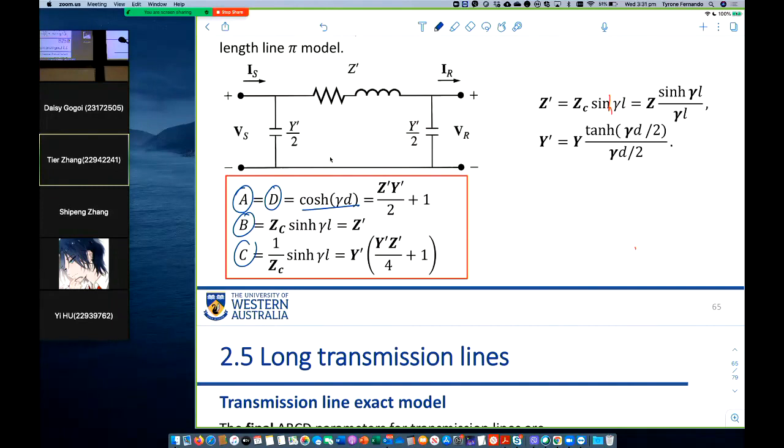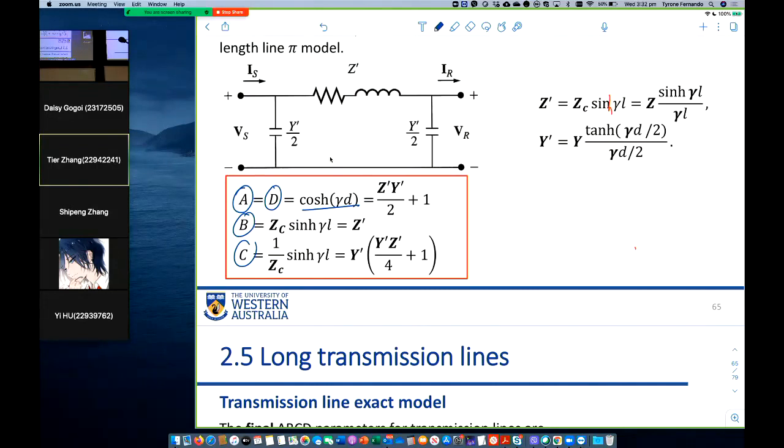So I substitute that. So cosh gamma L, with a little bit of manipulation, you can say cosh gamma L is Z bar Y bar on 2 plus 1, where Z bar is ZC sinh gamma L. It's not sine, it should be sinh, there's the H missing there. Which is also Z sinh gamma L over gamma L. L is D. See, we're using L and D somewhere.